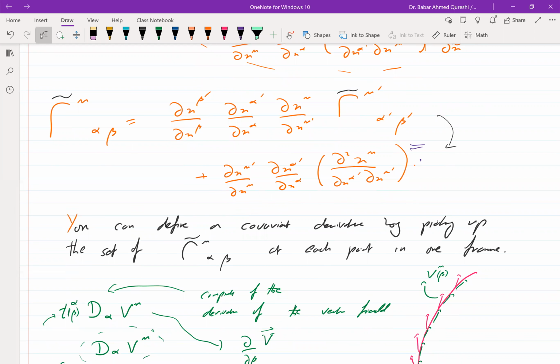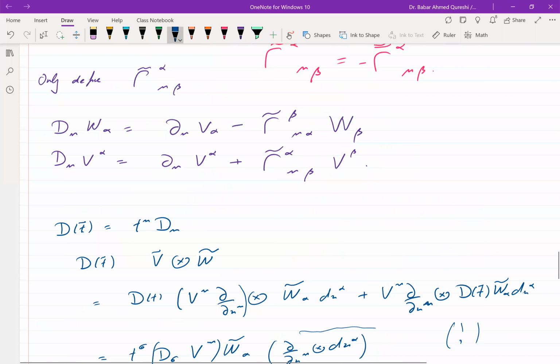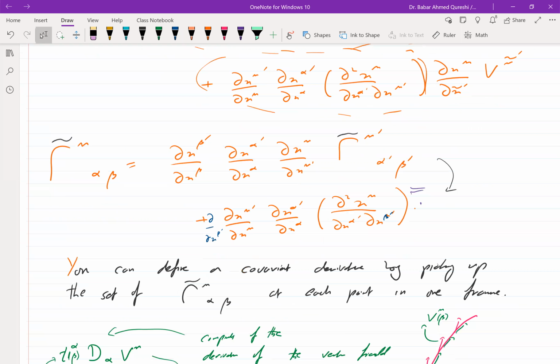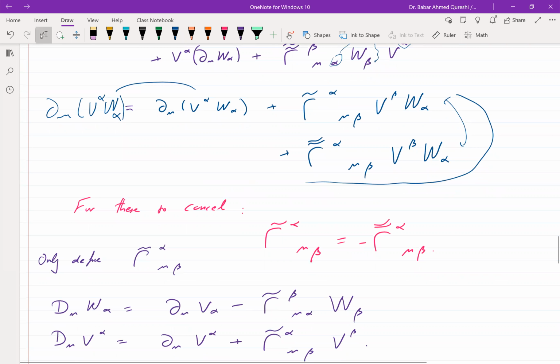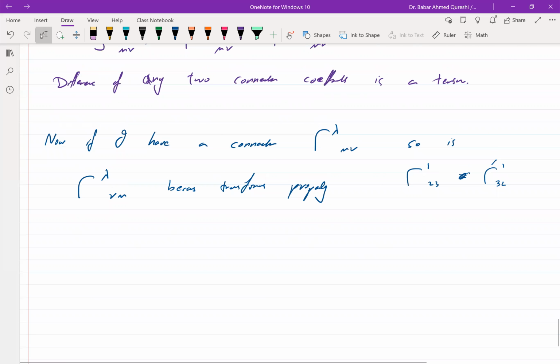But in any case, I think what will happen is you will have a beta dash here and you will have another gamma x beta dash over here. But you can work it out and see that it doesn't matter. If I switch mu nu by nu mu in this transformation law, nothing changes. So if you exchange those two, you still have the same transformation. And this guy also defines a connection.